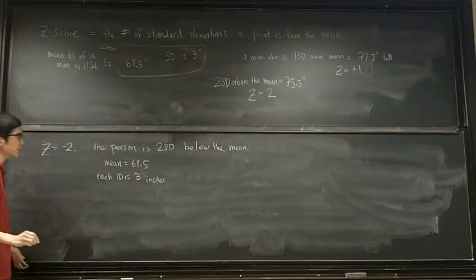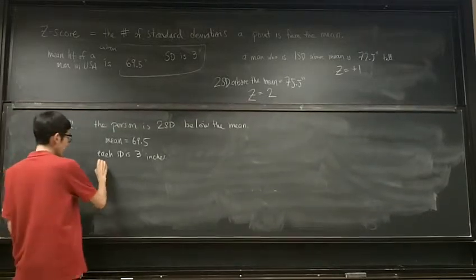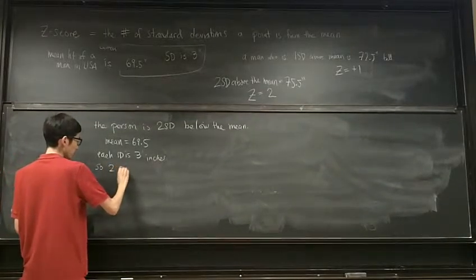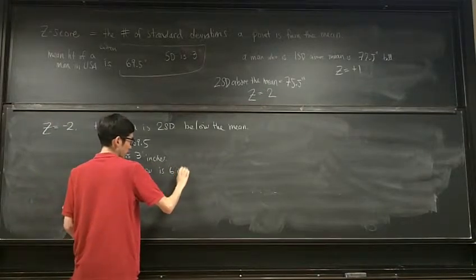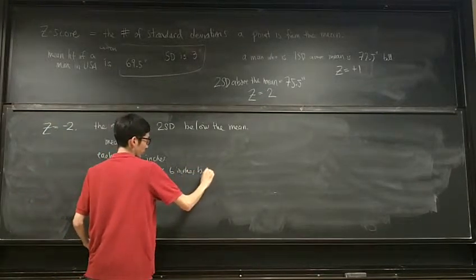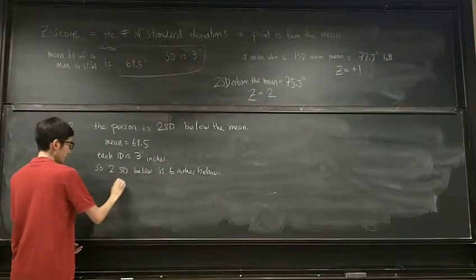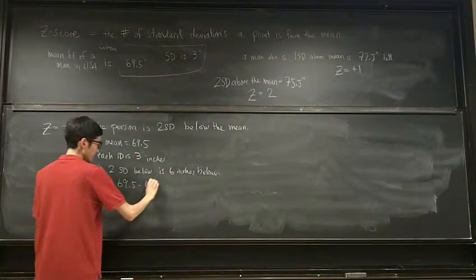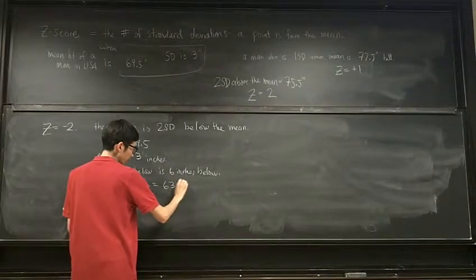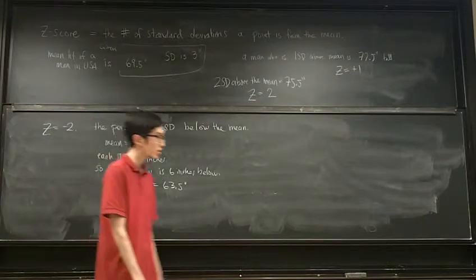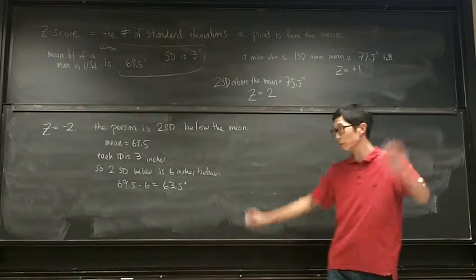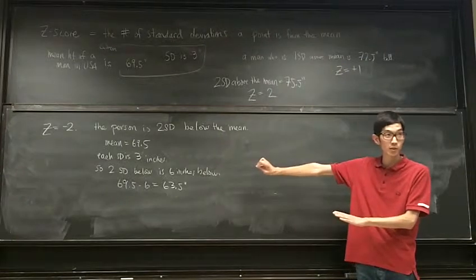So 2 standard deviations below is 6 inches below. 63.5 inches. Is that okay? All right. Anybody having trouble with this before I keep going?